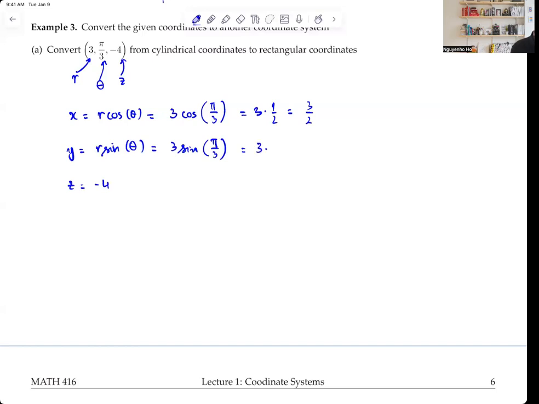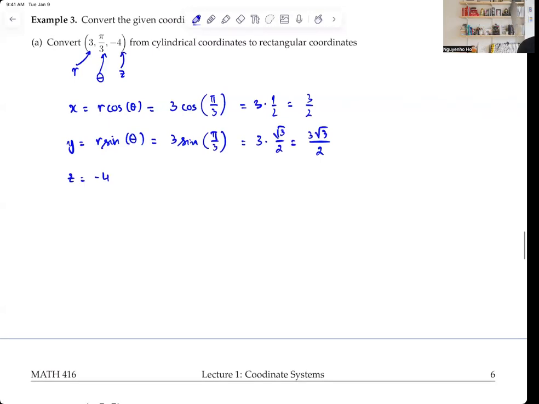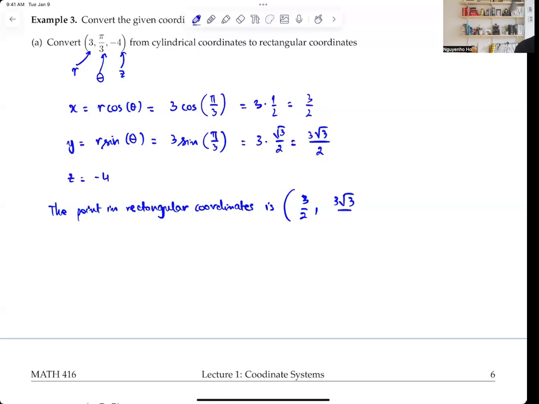So you have 3 times √3 over 2. So the point in rectangular coordinates is 3 over 2, comma 3 times square root 3 over 2, comma -4.